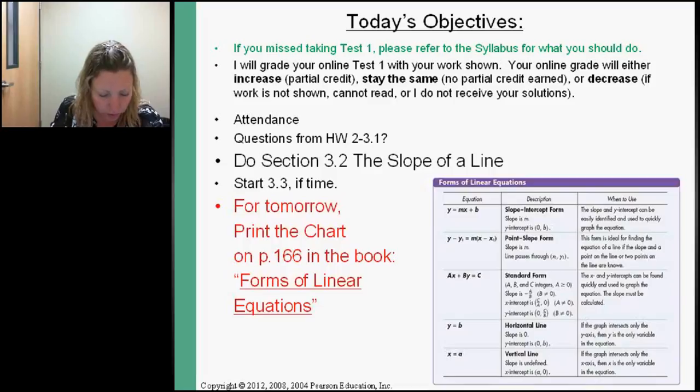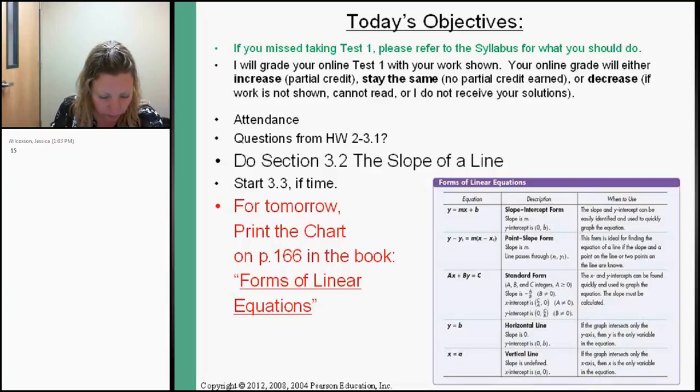Any other questions that you guys have? 15, says Jessica. Yep, it was 15. Okay, 15. So let me get that, and we'll just do yours. Homework 3.1, number 15. All right, Amanda, go for it.